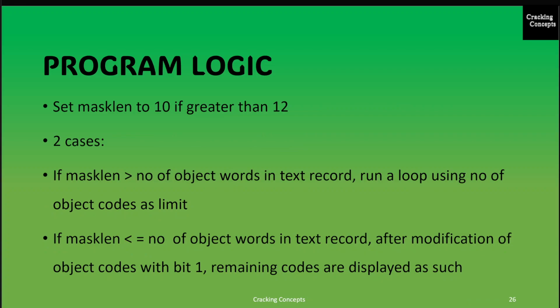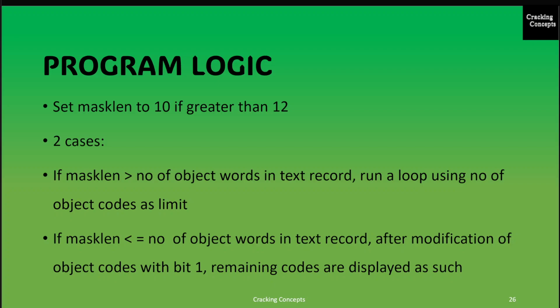Then, as discussed before, the maximum length of a text record is 10. So the number of bits in the relocation bit mask can go up to 12. So in any case if it's 12, it will be resized to 10 to match it with the text record. There are two cases that can arise here.